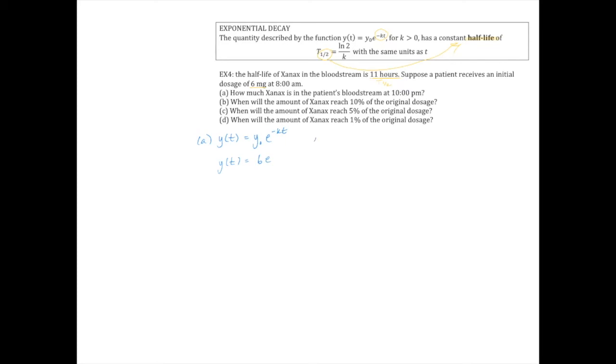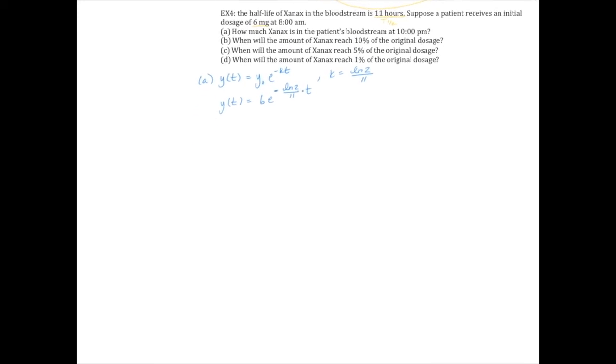Okay. K is equal to natural log of 2 over half-life, which is 11. So e to the negative natural log of 2 over 11 times t. So almost exactly like our previous problem. Okay, we have our model.